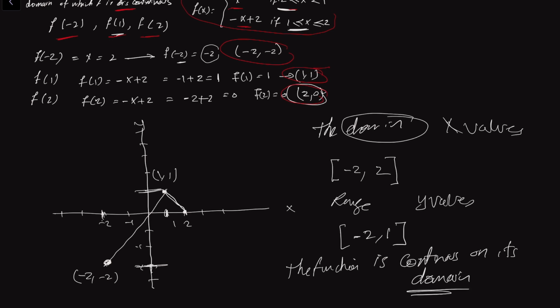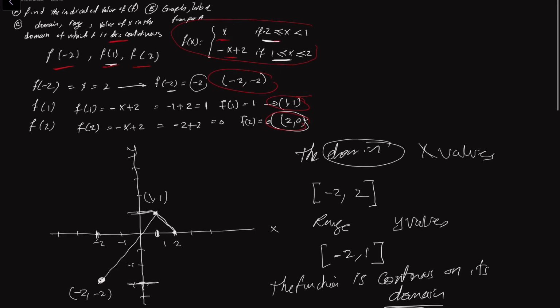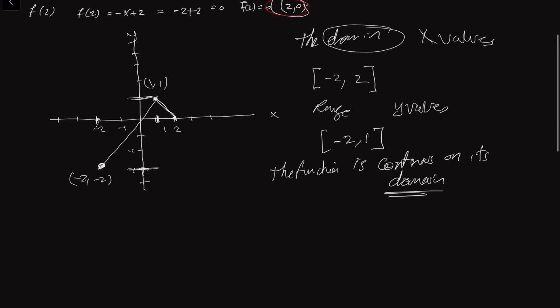Why? Because it's all solid points here. It has a y value for each x value here. Like you say, x at 2, there's a continuous function here. Okay? So that's the first problem.